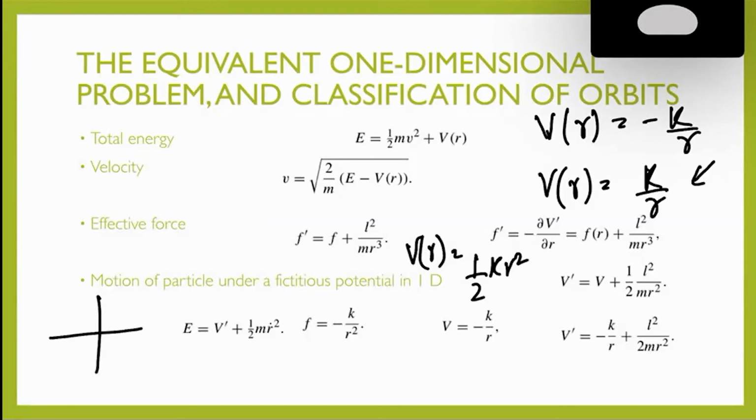But it will be much better if you plot this L square by 2m term also and your K by R term also. I know you have plotted the resultant. Anyway, this is correct. Whatever the graph is, it is correct.